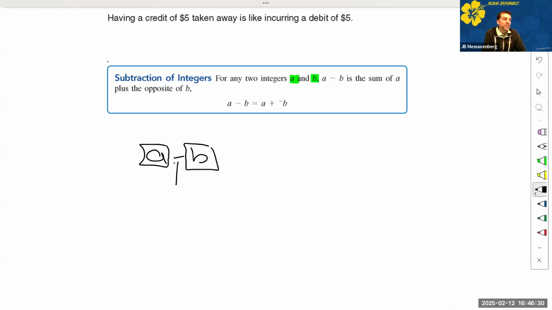As long as we are subtracting them, then we can rewrite a minus b as whatever a was, plus, we're going to change this minus sign to a plus sign, and then we will take the opposite of b. And so we have to be careful, though, because the opposite of a positive number is a negative, but the opposite of a negative number is a positive.